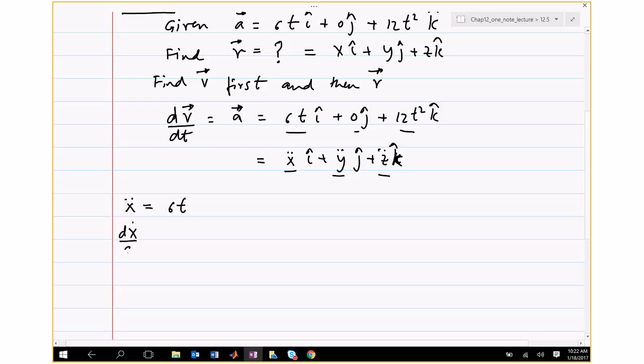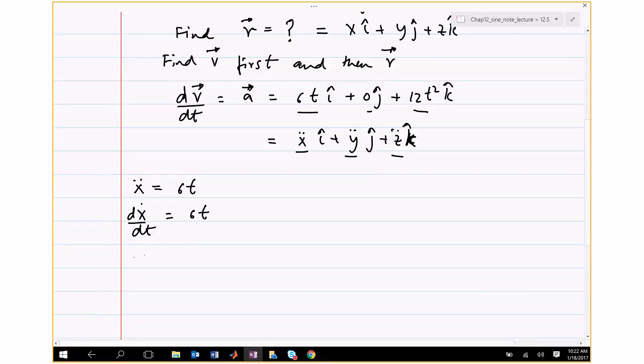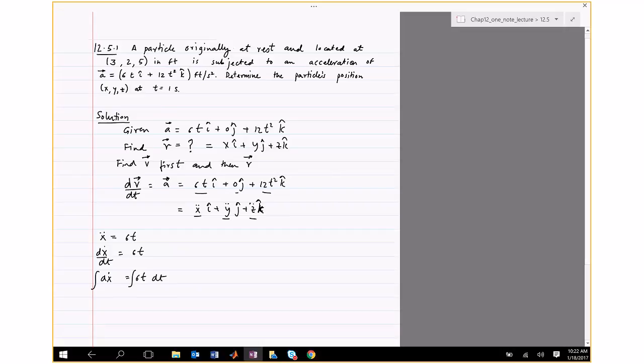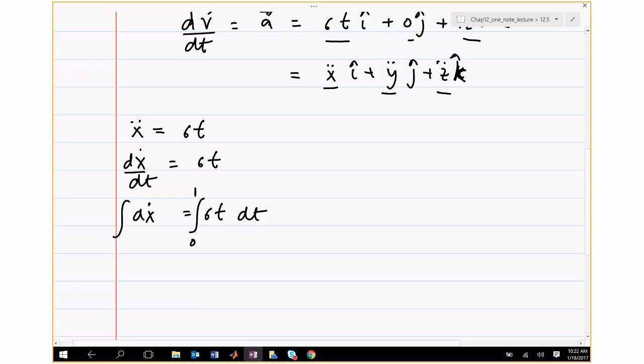So this is d(x dot)/dt equals 60, so d(x dot) equals 60 dt, and then the integral goes from, what's the question? Determine the particle's position at time t equals 1 second. So I need to go from 0 to 1 for time, and the velocity is going to go from 0 to x dot.